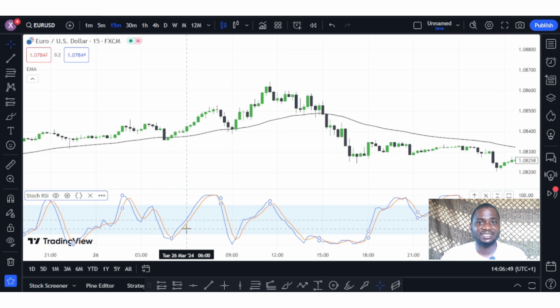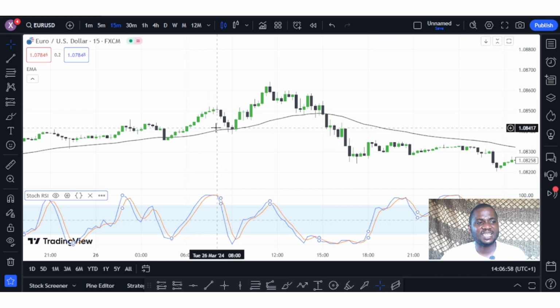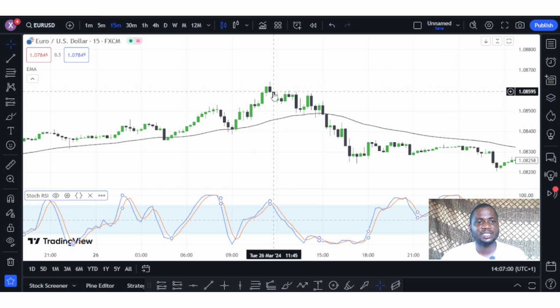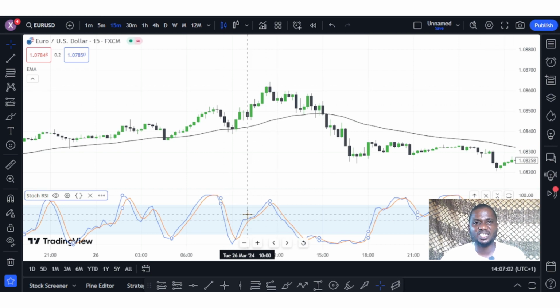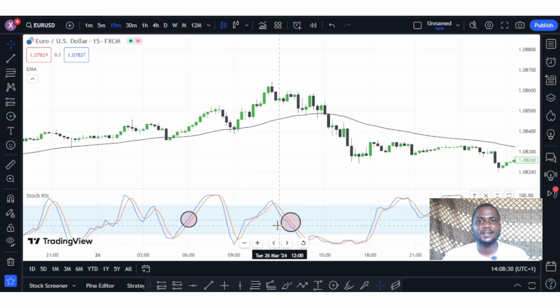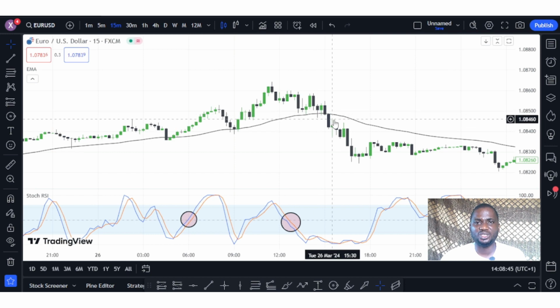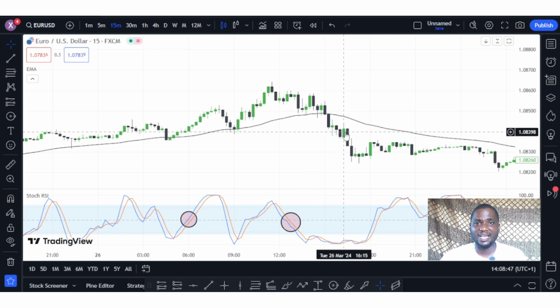Once the K line and the D line cross above the 50 line of the stochastic, okay, and the market trend is above the 200, I will advise that you initiate a buy position immediately. Once both the K line and the D line cross below the 50 level and the price trend is below the moving average, I will advise that you initiate your sell order.